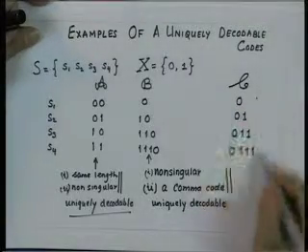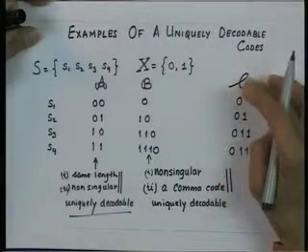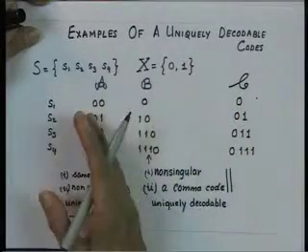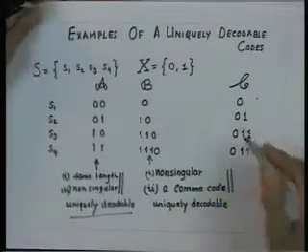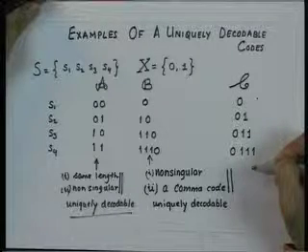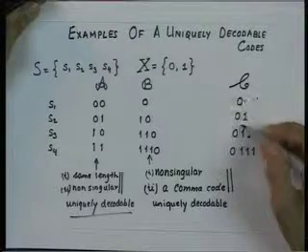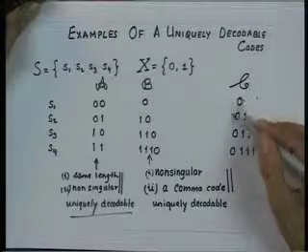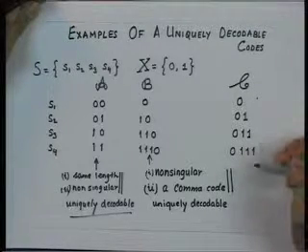This code C is again non-singular and this is a uniquely decodable code, but there is a difference between this code and previous two codes A and B. The difference is that when I receive the sequence of code symbols, I am unable to decode the sequence of code symbols code word by code word as it is received.